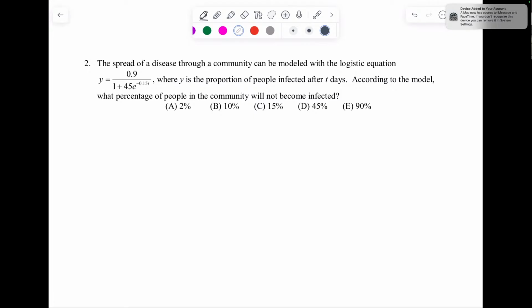Okay, so the second question. Yes, so that is 90%.